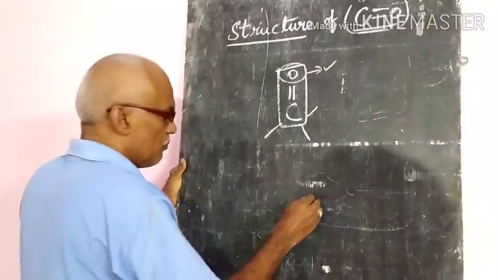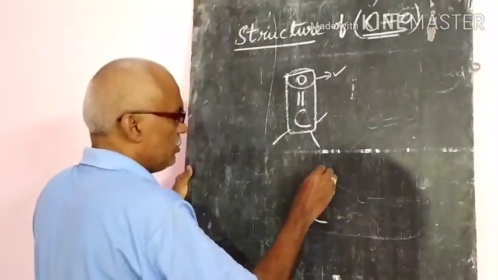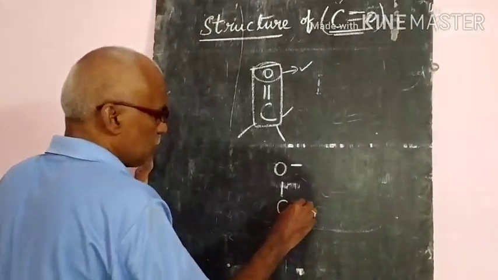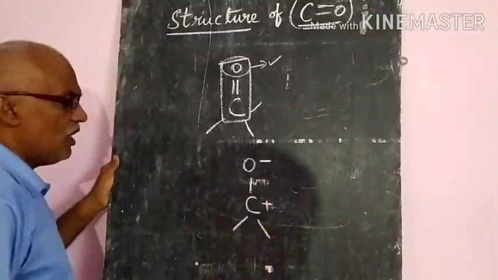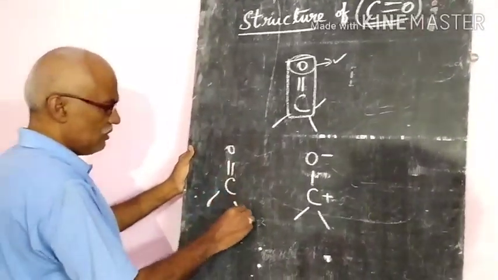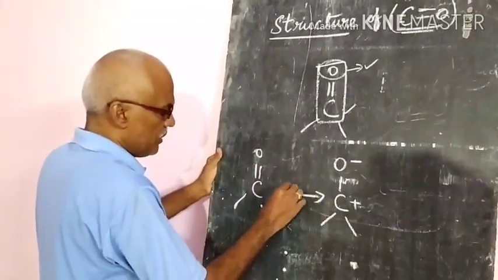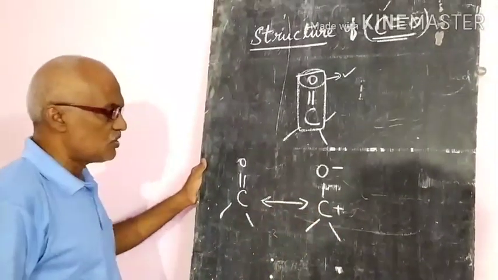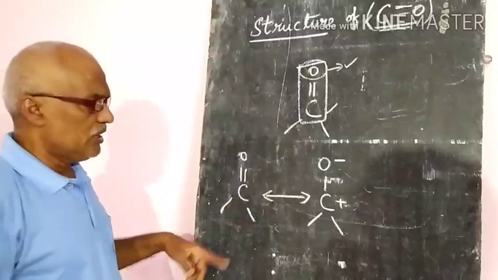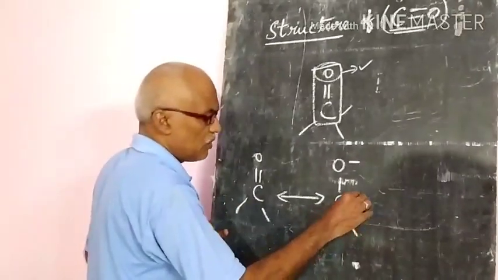Polarity means, as we already know, that oxygen will show the negative polarity and the carbon will form a carbocation. These are the 2 important structures, the resonance structures we can say, of this carbonyl group. So they show more polarity, a carbocation.